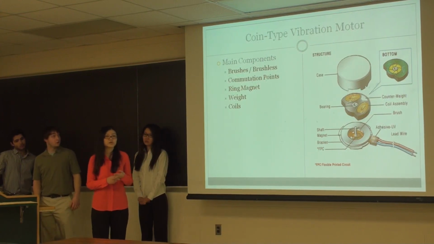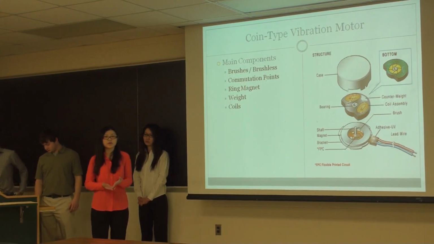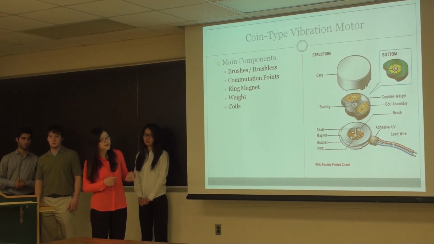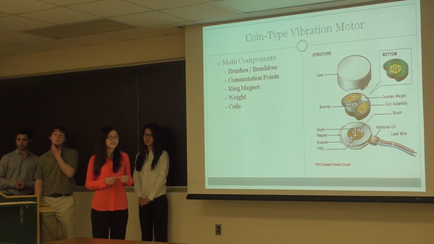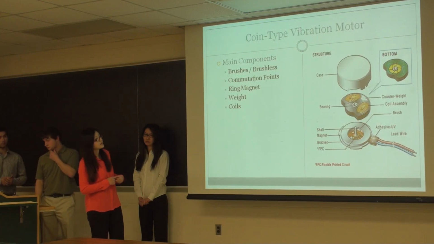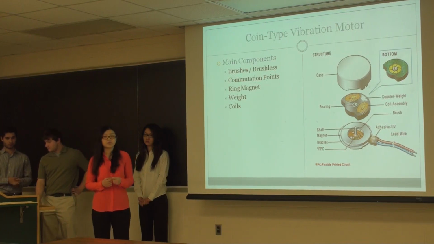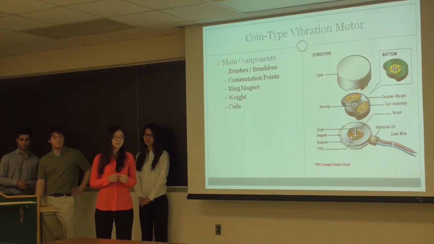Energizing the coils will produce a magnetic field, and it is strong enough to interact with the ring magnet integrated into the stator, causing rotation. Also, a force is generated due to the magnetic field, and this force will displace the weight as well.